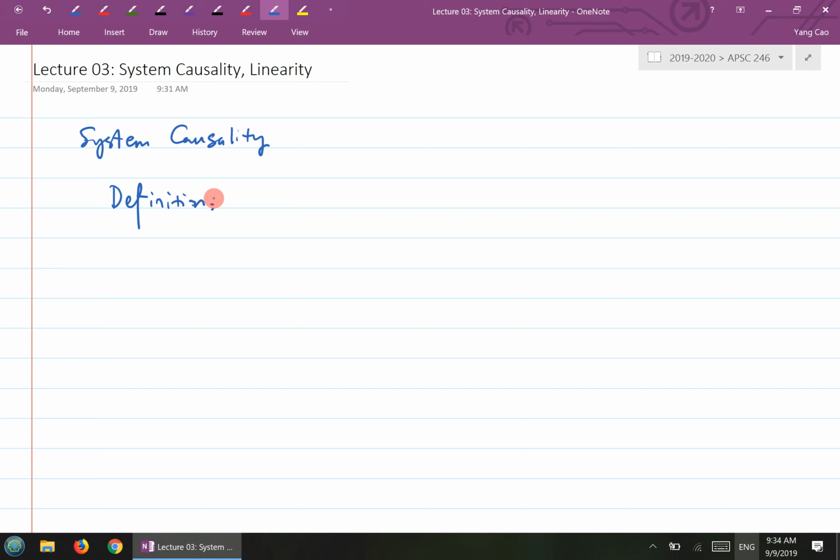So here's the formal definition. A causal system is one type of system.